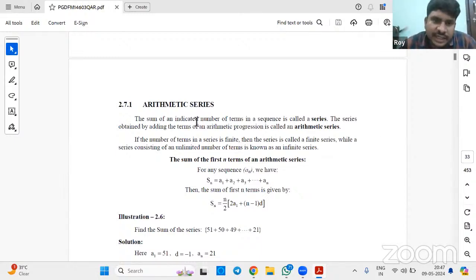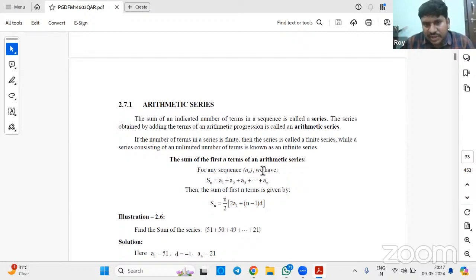A sum of an indicated number of terms in a sequence is called a series. The series obtained by adding the terms of an arithmetic progression is called an arithmetic series. If the number of terms in a series is finite, meaning limited, then the series is called a finite series, while a series consisting of an unlimited number of terms is called an infinite series.